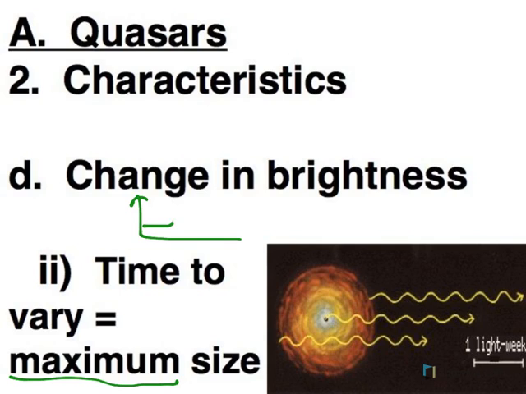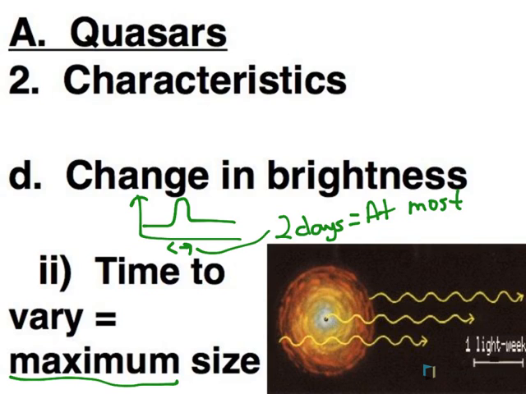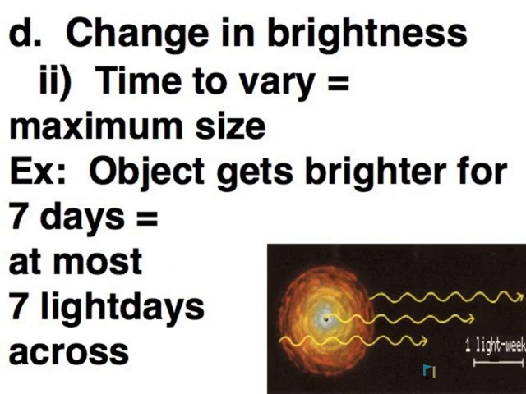So if it was brighter for, say, 2 days, then that means it is at most 2 light days across. So instead of measuring it in light years, because it's such a short period of time here, we would measure that in light days. If it gets brighter for 7 days, it's at most 7 light days across.